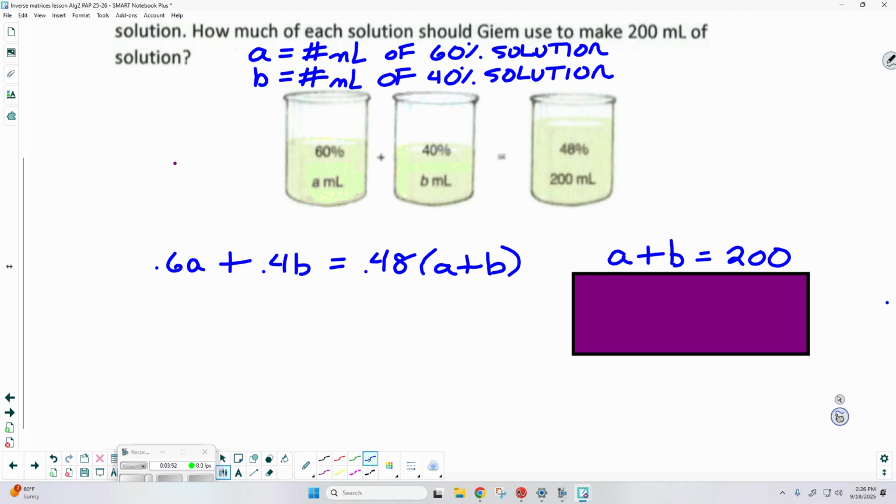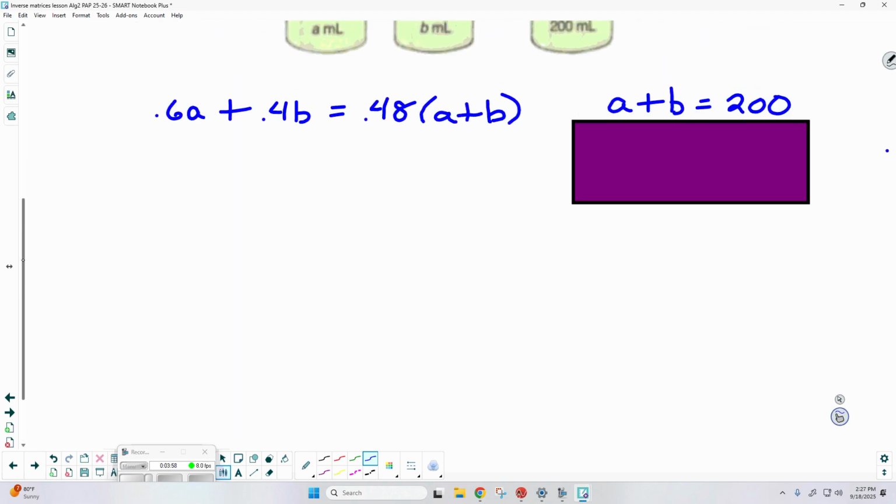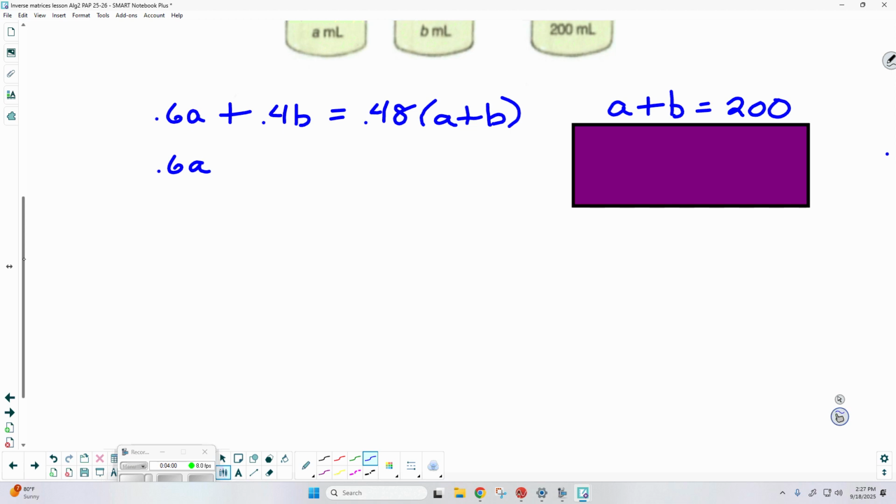Okay. Well, now all we've got to do is a little bit of cleanup here. So the left side of this equation is going to stay the same. So 0.6A plus 0.4B equals, we'll distribute, 0.48A plus 0.48B. And now let's combine my like terms. Let's say I want to subtract that 0.48A to the left side.